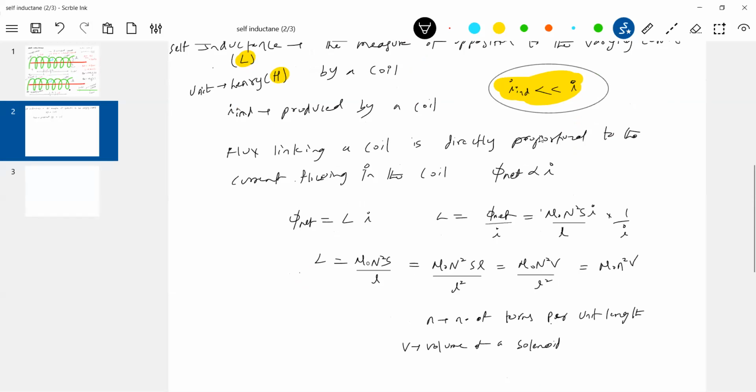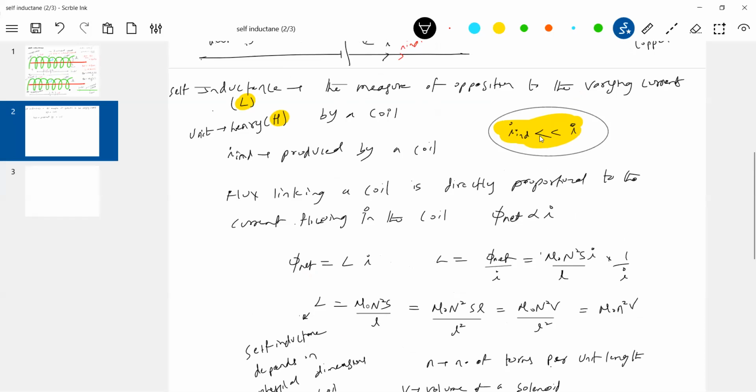Self-inductance depends on physical dimensions of the coil.